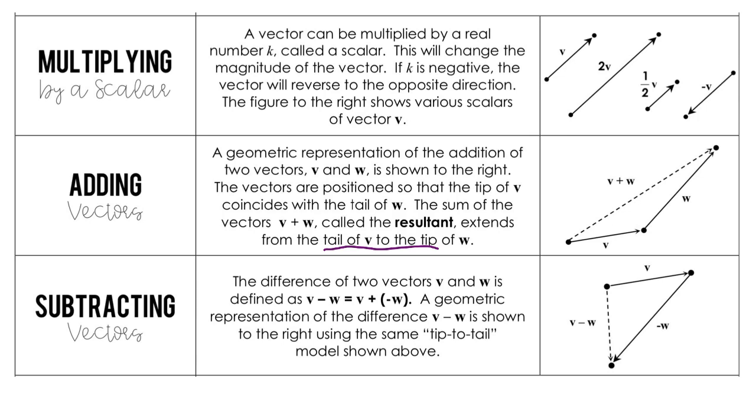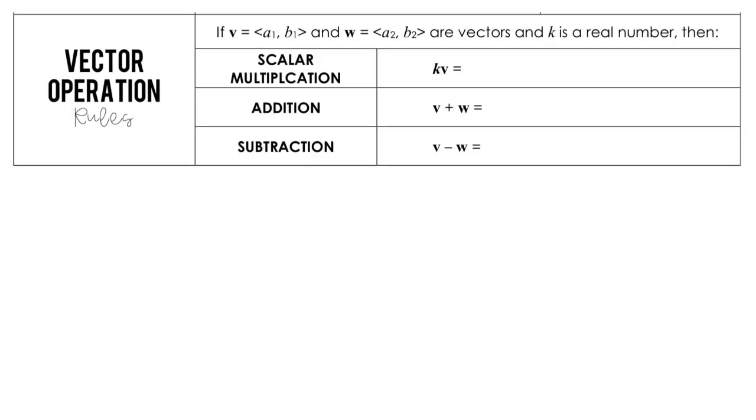In other words, for the resultant vector, we'll start with our initial and we'll end with that final terminal point up there. And then if we're subtracting, remember we are really just adding the difference. And again, we'll still be using tip to tail to put those vectors together.